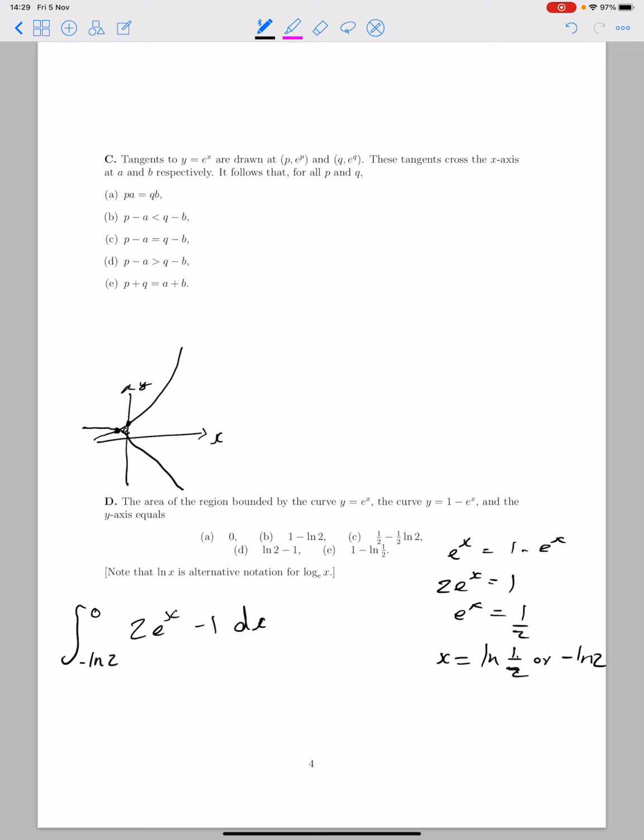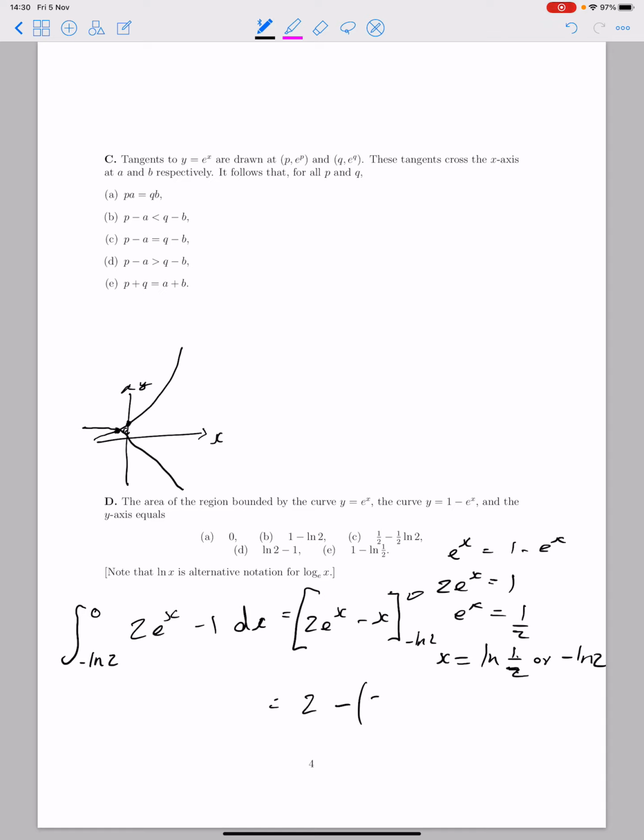And that's going to be equal to 2e to the x, which integrates to 2e to the x, and the minus 1 integrates to minus x, between minus natural log 2 and 0. Plugging in the limits, 2e to the 0 is just 2, and the minus x goes to 0 because if you sub in 0 for x, you get 0. Minus our second bracket, this is where we've got to use natural log of a half rather than minus natural log 2.